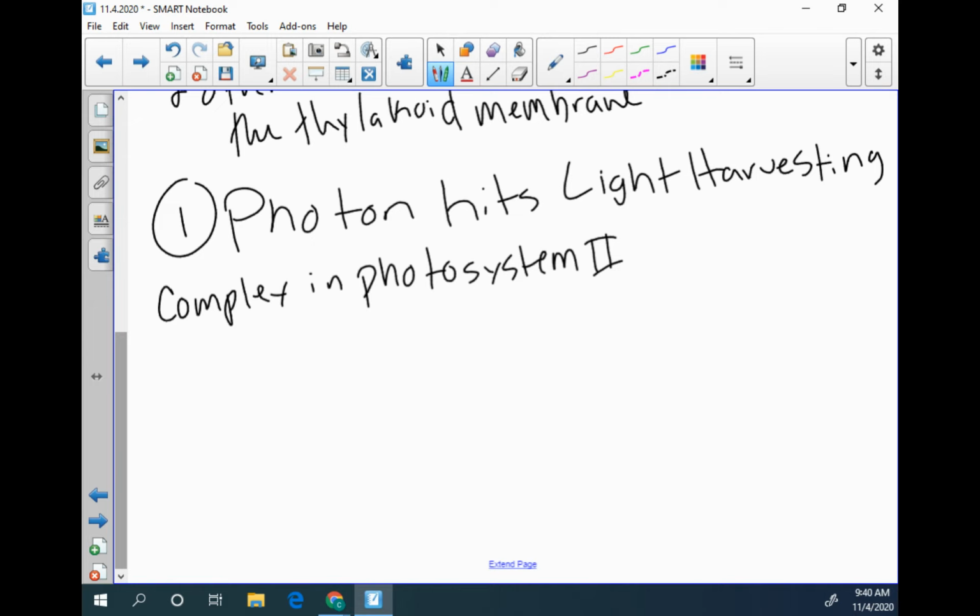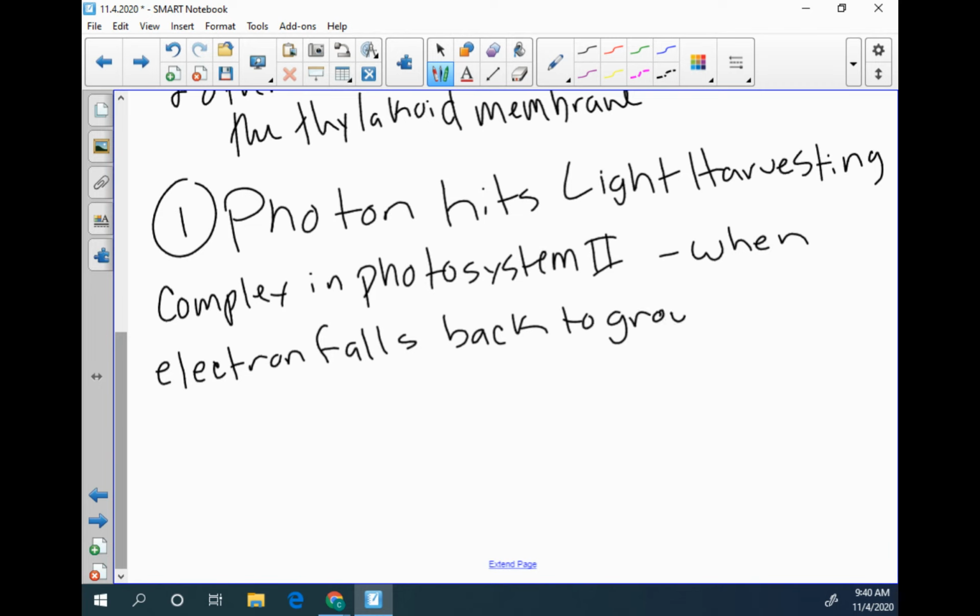When the electron falls back to a ground state, because it can't be there forever, that energy is going to be passed to a nearby pigment.